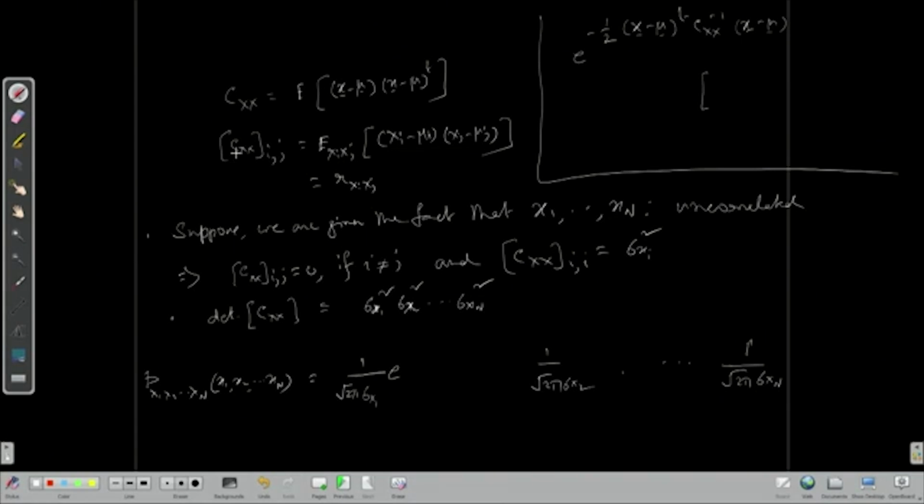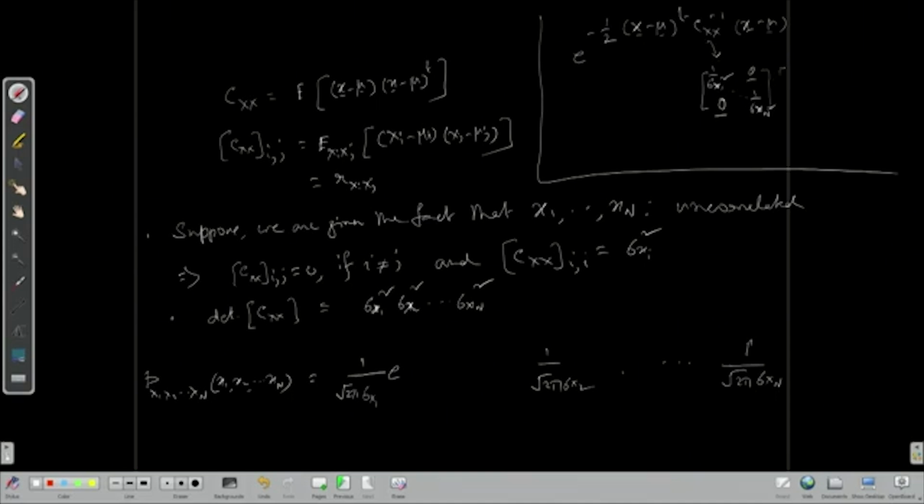Cxx is a diagonal matrix. All diagonal entries are positive because they are variances. So the inverse will again be a diagonal matrix, with 1 by sigma x1 square, and so on, up to 1 by sigma xn square, and 0 on this side, 0 on this side. This is Cxx inverse, this matrix.